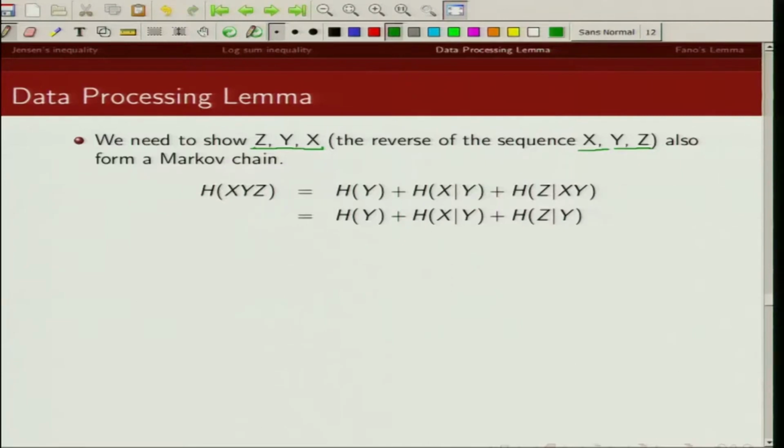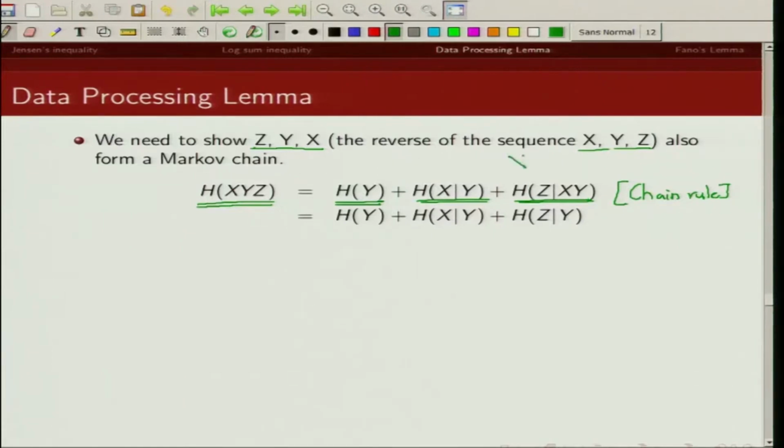To prove this, we first consider the joint entropy of x, y and z, and applying the chain rule we can write this as uncertainty in y plus uncertainty in x given y plus uncertainty in z given x y.